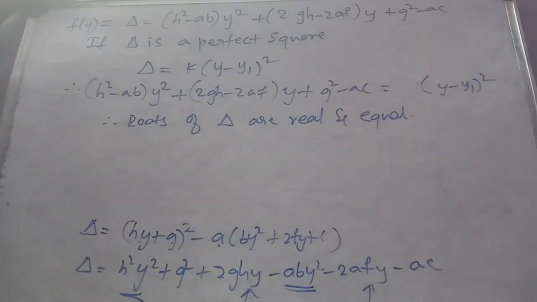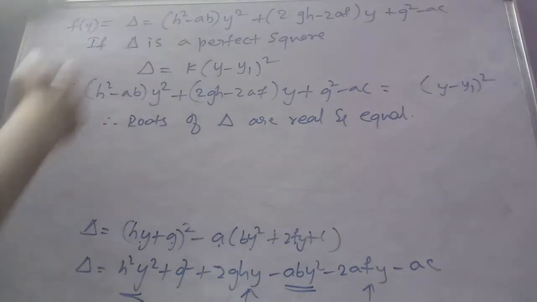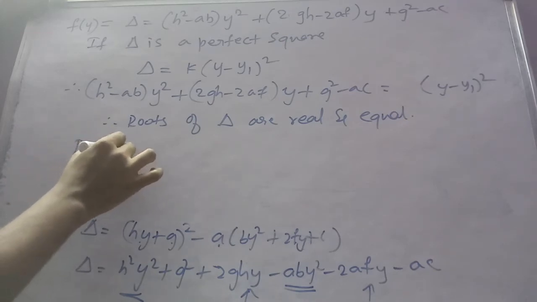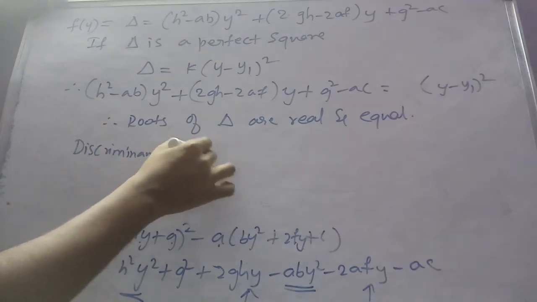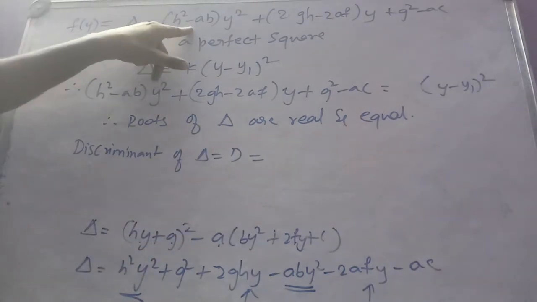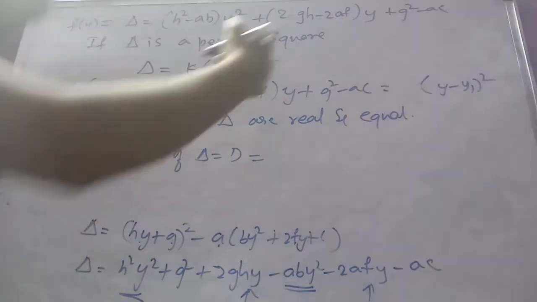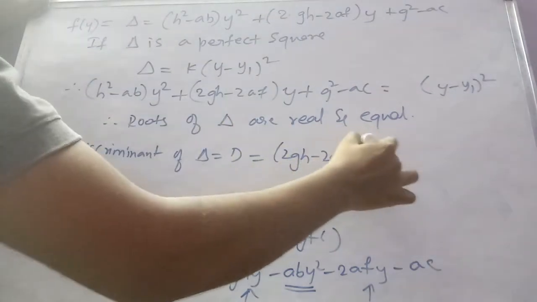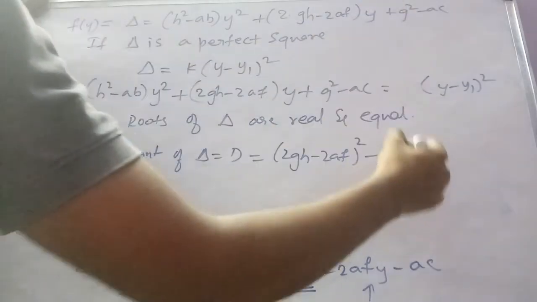So let us find the discriminant of this delta. Let the discriminant of delta be called d. What is the discriminant of this delta? b square minus 4 into a into c.